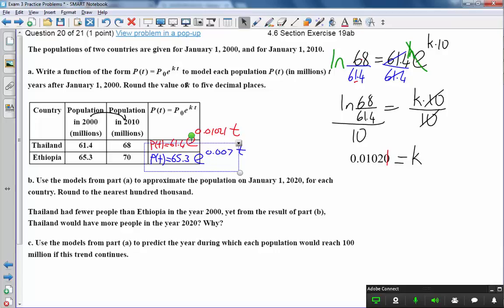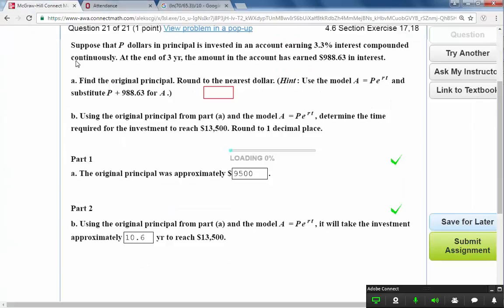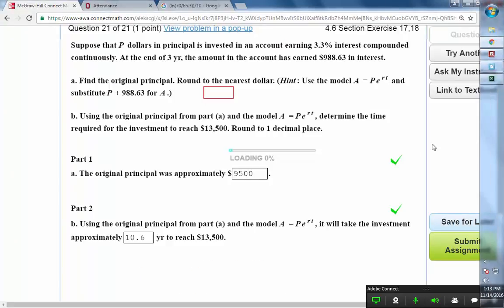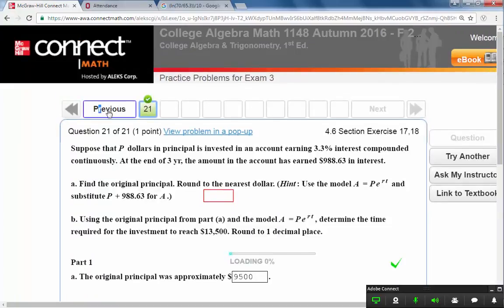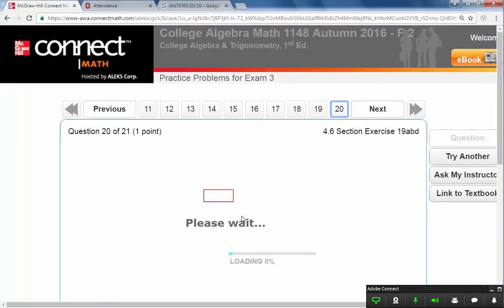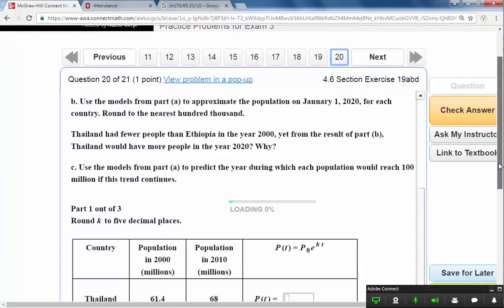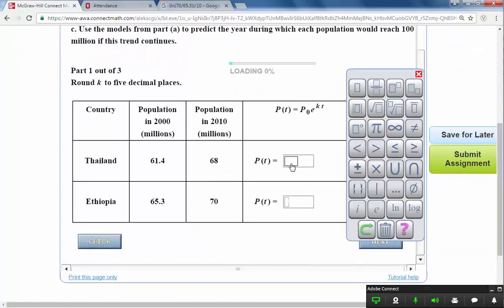Okay, let's check if we are right. What were the last digits? 2, 1.